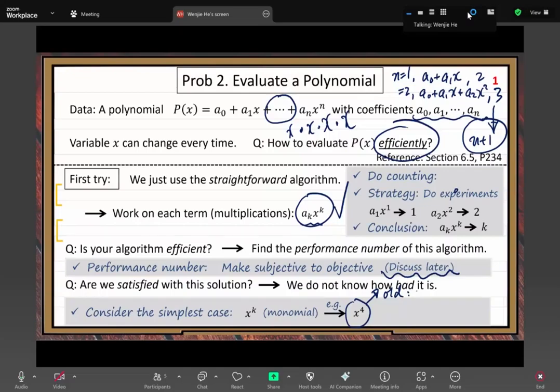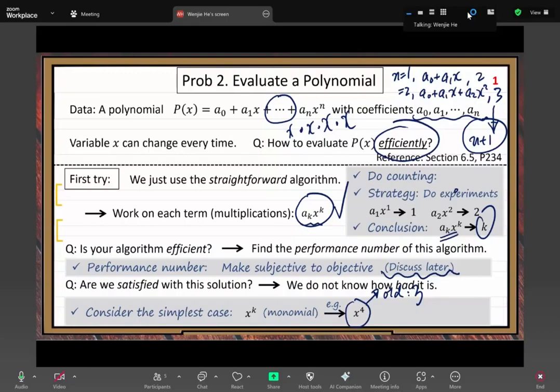The reason you say 4 is because here our answer is k. We have an arbitrary coefficient number, a sub k. Then you need one more multiplication, a sub k multiplied by x to the k.